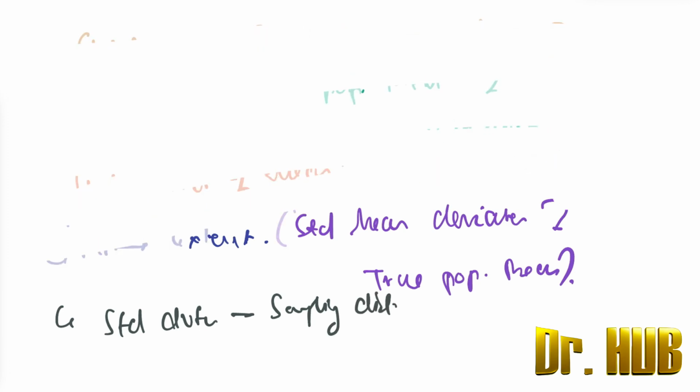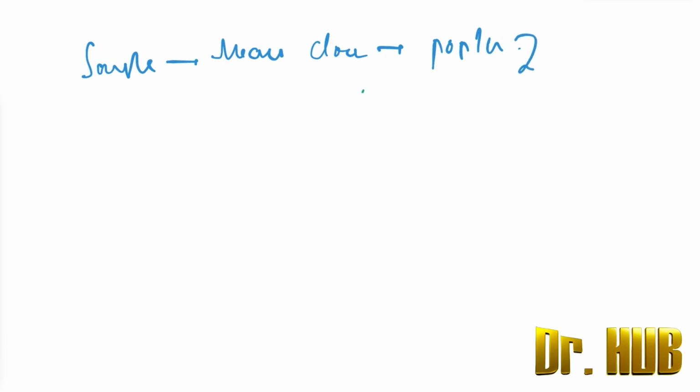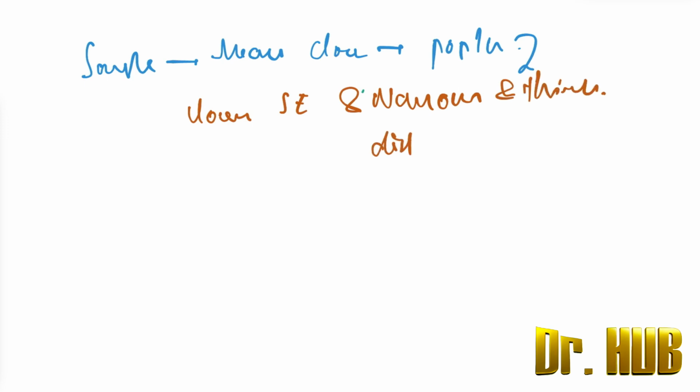Now, if the sample means are closer to the population mean, this leads to a lower SE and a narrower, thinner distribution curve.